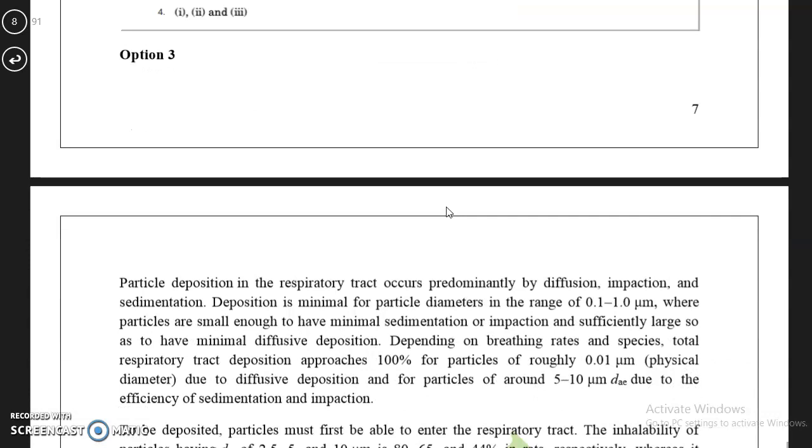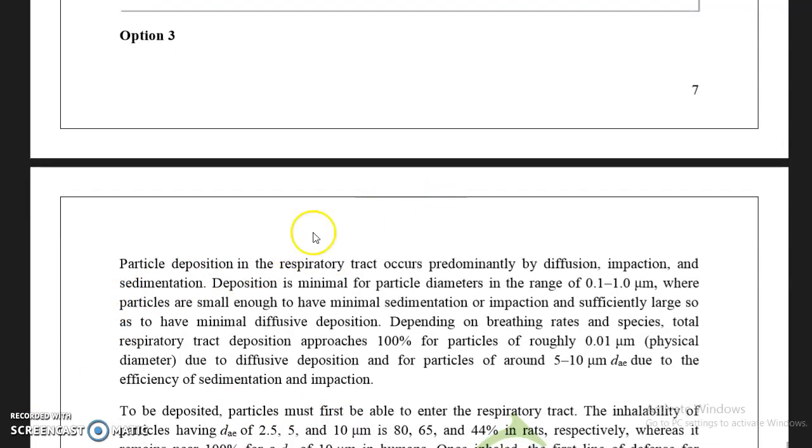And depending on the breathing rate and species, total respiratory tract deposition can be in various percentages for particles of different sizes.